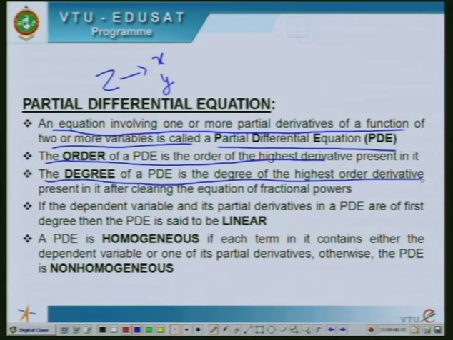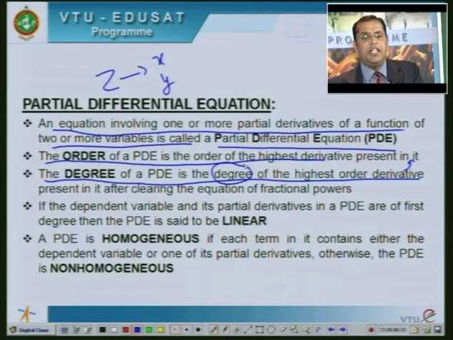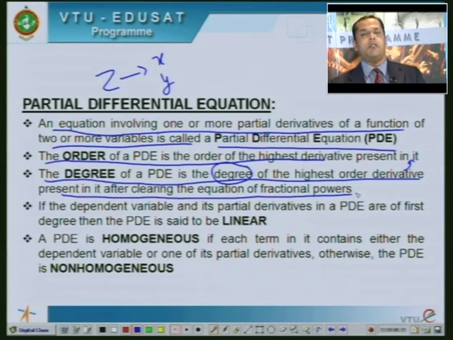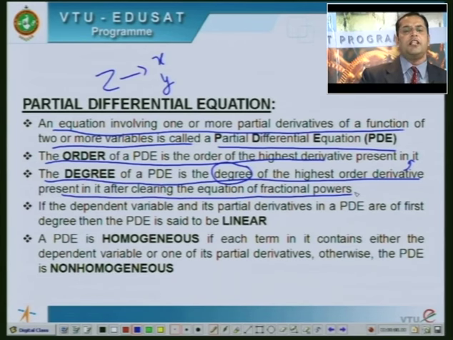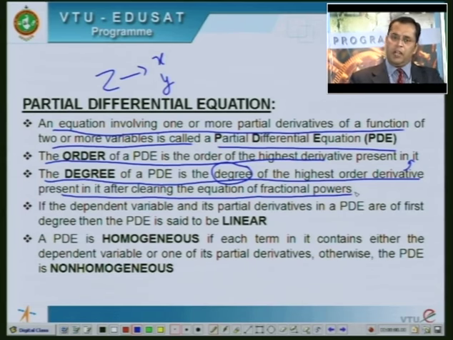Go to the previous definition, identify the highest order derivative, take the power of that, which is the degree of the highest order derivative present in it after clearing the equation of all fractional powers. If you have fractional powers, remove the fractional powers, right? The corresponding integral power of the highest order derivative present in the equation becomes the degree of the PDE.